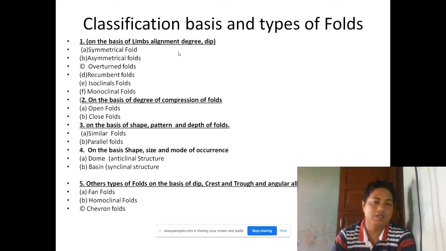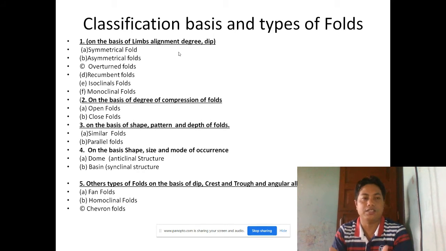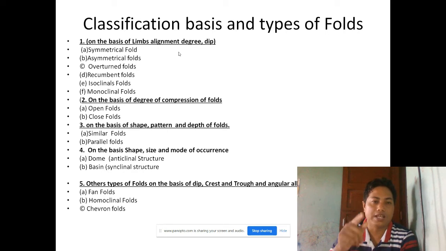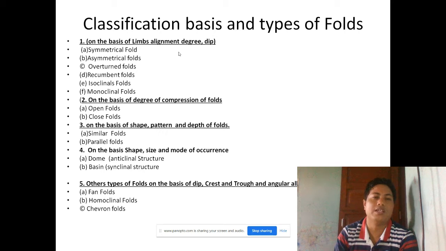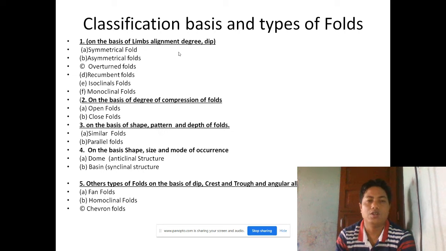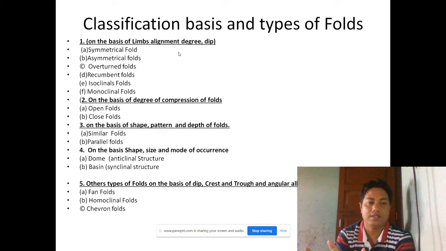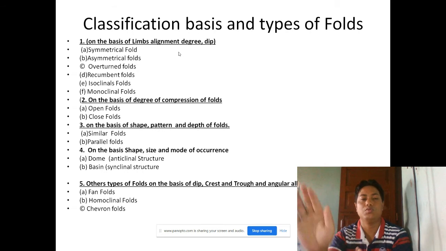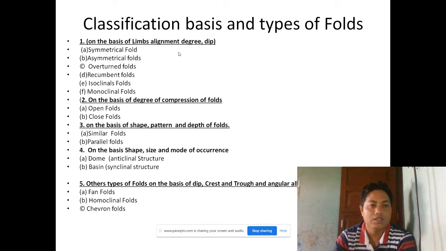You will be getting lots of diagrams. Isoclinal folds are also related to the limbs, whether they are parallel. So that is isoclinal. Monoclinal folds are those folds which have only one limb. Like a mono, only one limb like that, or it might be like that. There is no other limb.